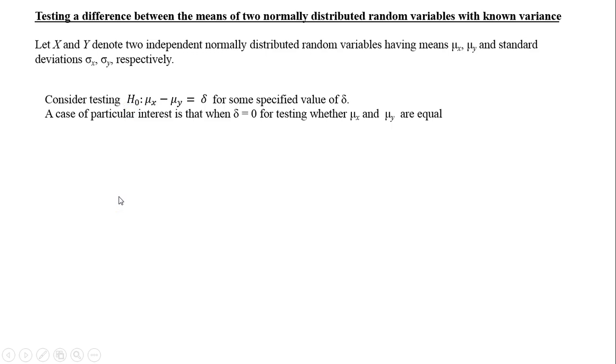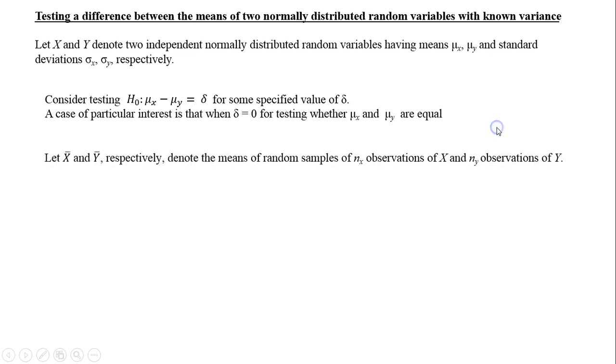And we want to consider testing mu of x minus mu of y is equal to some specified value delta. Most of the time it's equal to naught. That is, we are testing if the means are equal or not.